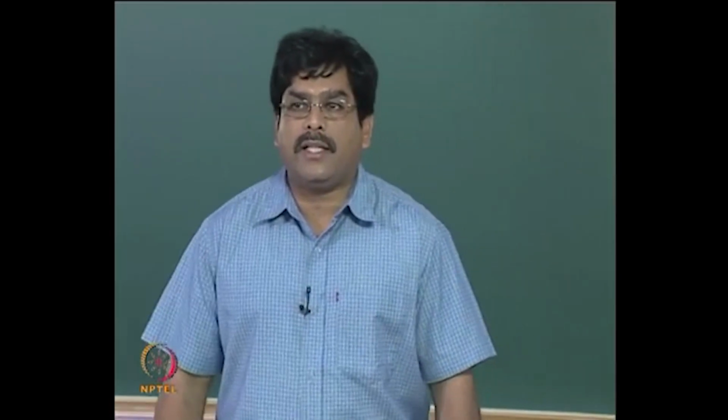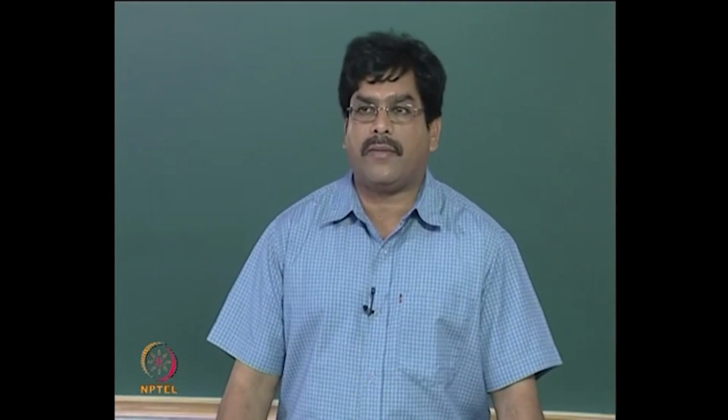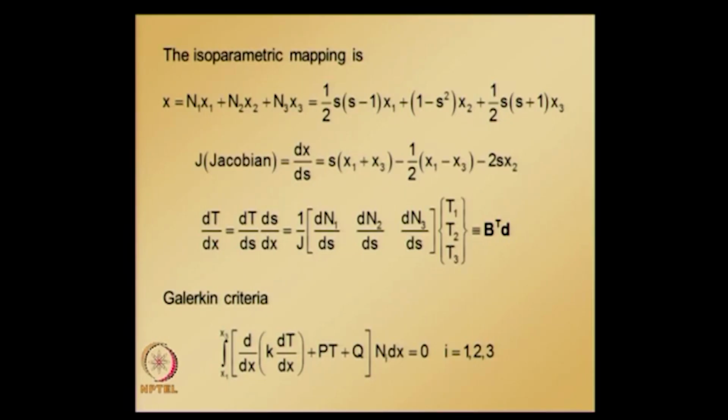In the Galerkin criteria, given a differential equation, we multiply with the weight function, integrate over the problem domain and equate it to 0, and here, when we are adopting finite element, the weight function is the same as the shape function. So multiply the given differential equation with the shape function and integrate over the problem domain, going from x1 to x2, so the limits of integration are x1 and x2, and since there are 3 nodes here, i takes values 1, 2, 3.